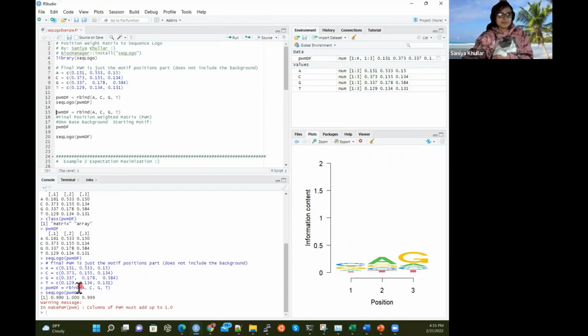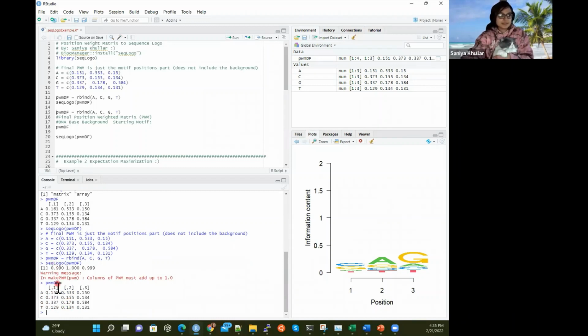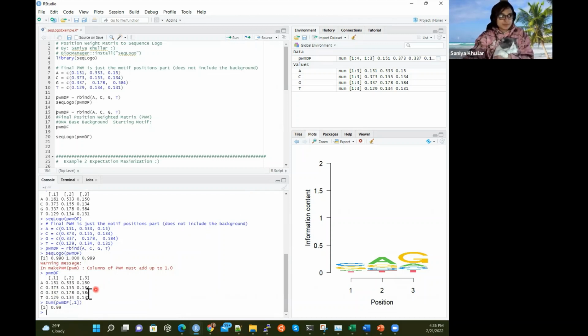And then it complained, saying this is 0.99, this is 1, and this is 0.99. If I took the sum of PWMDF with the first column, after I change this to 0.151, which is what I had before, it was 0.99.